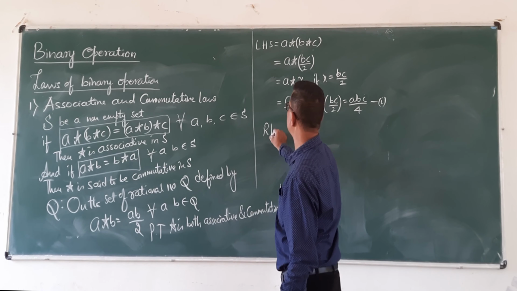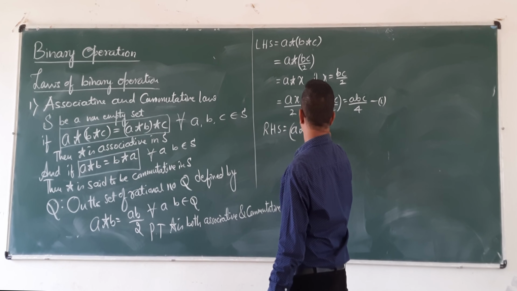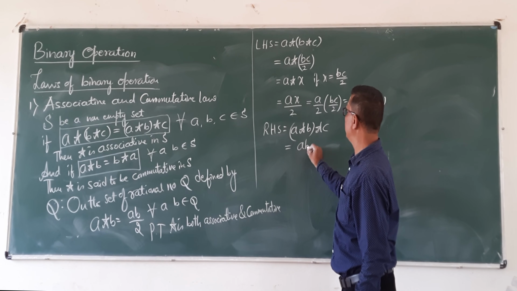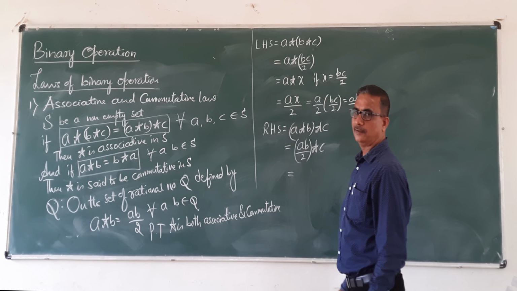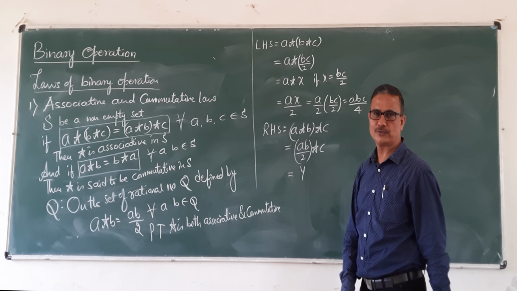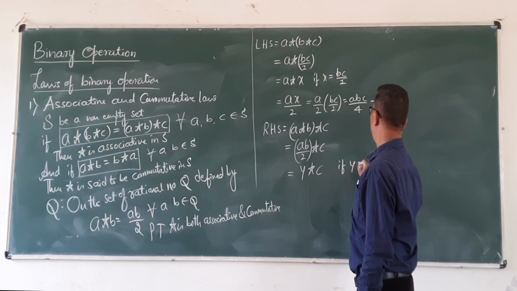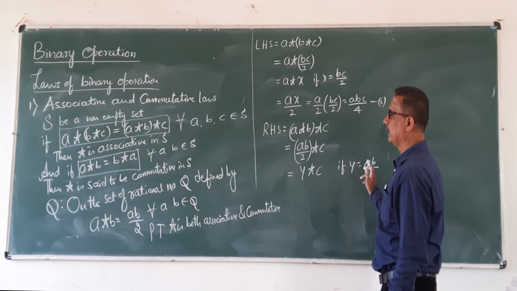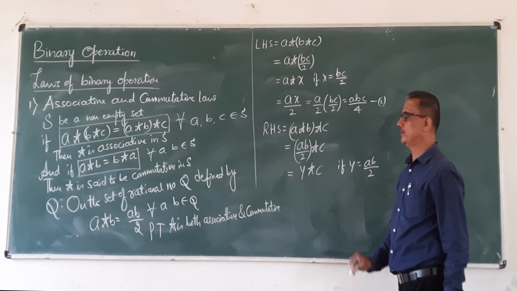Then take RHS. (A star B) star C is equal to A star B, that is given AB by 2, star C. Put AB upon 2 as Y. Y star C, where Y is equal to AB by 2.